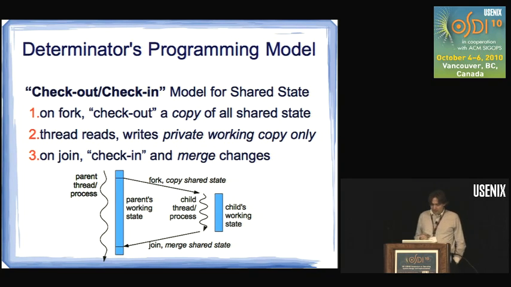In Determinator's model, instead, when the parent thread forks, the child gets a complete separate working copy of the entire state, and the two threads work in these separate working copies until the next program-defined synchronization point. They never interact until that point, and only at the join point, the system merges the changes the two threads made back into the parent.